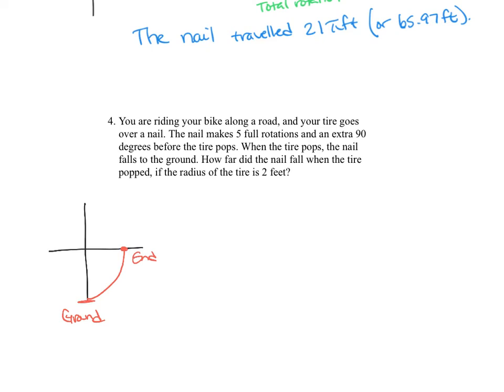And we know that the radius is 2 feet. So if you think about how far does it have to fall, it's going to fall the total amount of our radius, which in this case is 2 feet, and then any extra height we may have. If we end up somewhere up here, we're going to have an extra height out of our 2 feet.